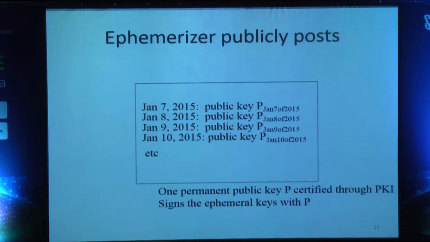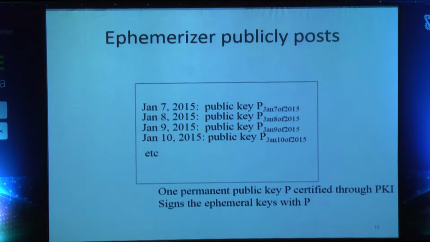So the ephemerizer says, here are my 10,000 public keys, 1 per day for the next 30 years. And just posts it someplace. So if you want to back up your master keys, and here I made up another word, you ephemerize each one. You take the January 1st key and you ephemerize it by encrypting with the ephemerizer's January 1st public key. So you take each of your 10,000 keys when you're making a backup, and you encrypt each one with the equivalent date public key of the ephemerizer.